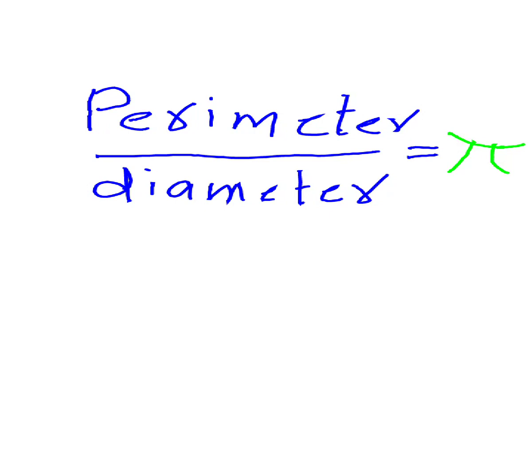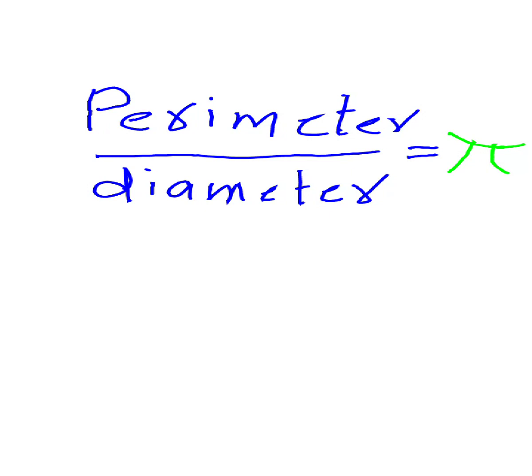Getting it? We are not just directly jumping to the formula, we are going right from the start. If you have the length of the perimeter and you know the diameter also, then in a circle the ratio of perimeter to diameter is always a constant.